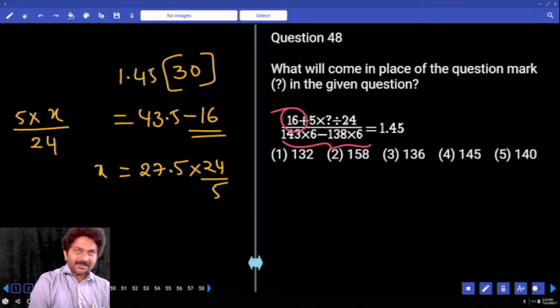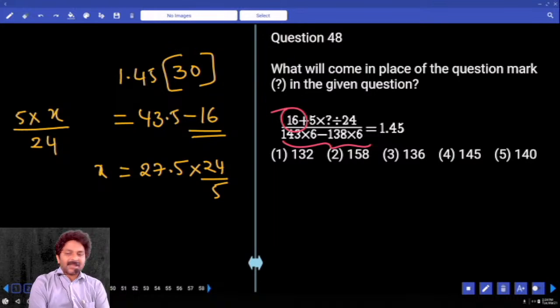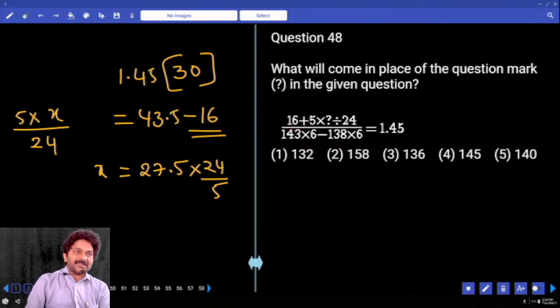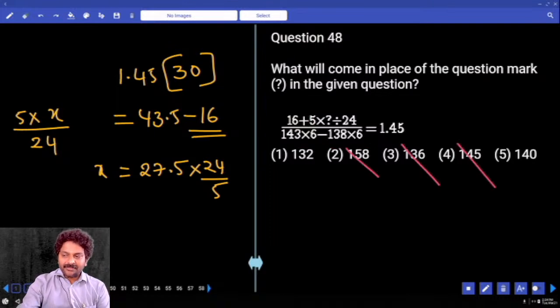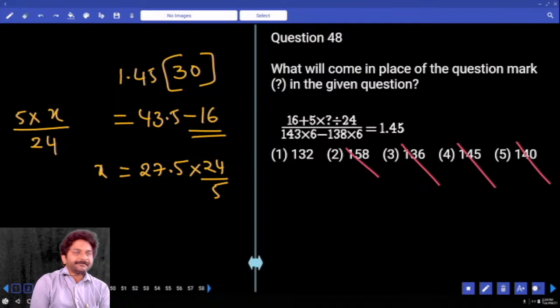We have only 5 in the denominator, which is not a 11 multiple. But numerator is 11 multiple. So answer must be, can it be first, second, third, fourth, fifth? Eliminate. Otherwise, you'll have to calculate that. Over.